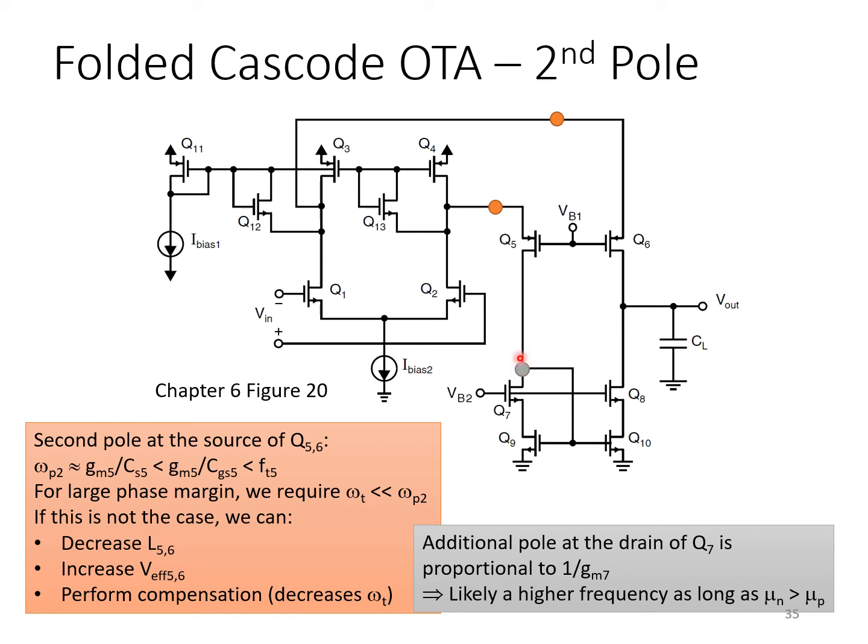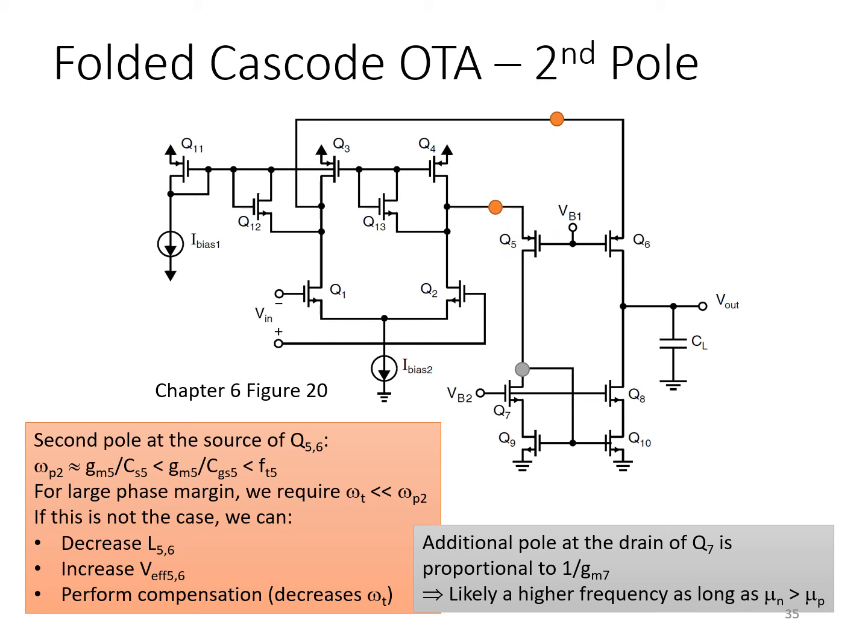The pole associated with this node here, although it also has similar parasitic capacitances associated with it, also associated with Cgs, in this case the 1 over gm is that of the NMOS transistor Q9, whereas the time constant at this node is determined by the 1 over gm of a PMOS transistor.